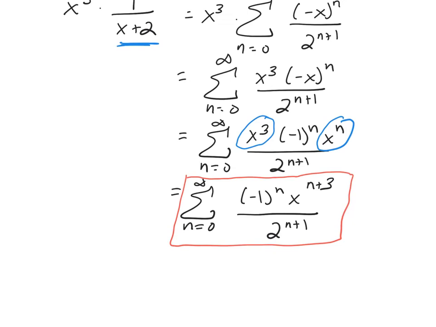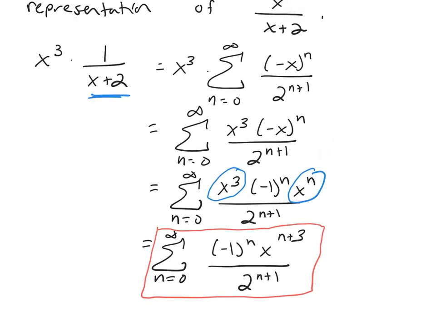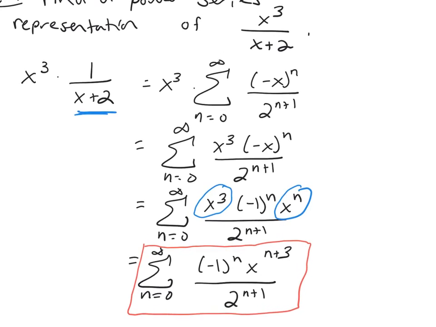Again, I didn't ask for interval of convergence, but what if I did? Let's look back at what we did. We used what we did in the previous problem to write the power series here. So to figure out the interval of convergence, we need to know what the interval of convergence for the last problem was.